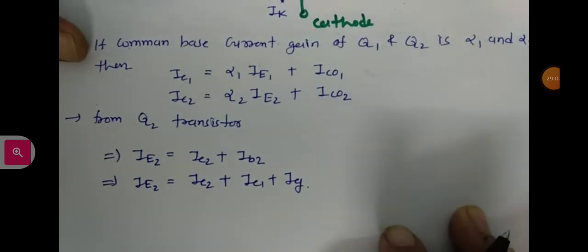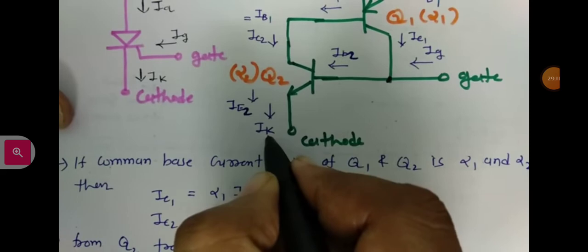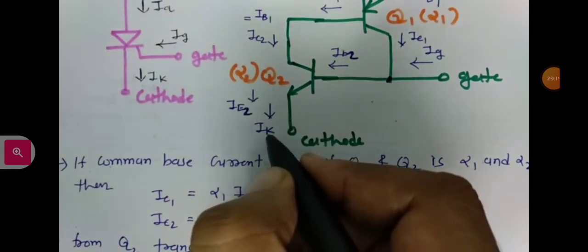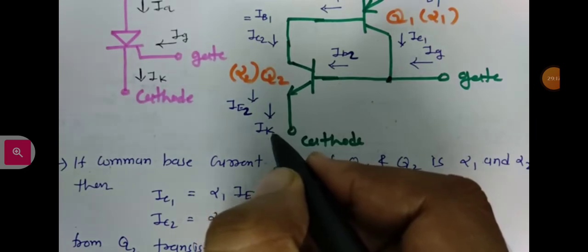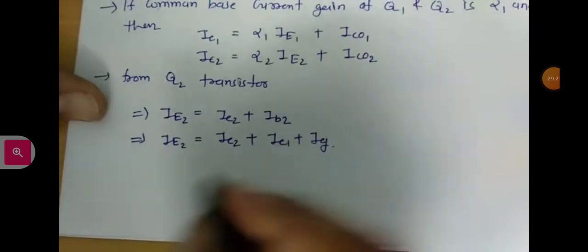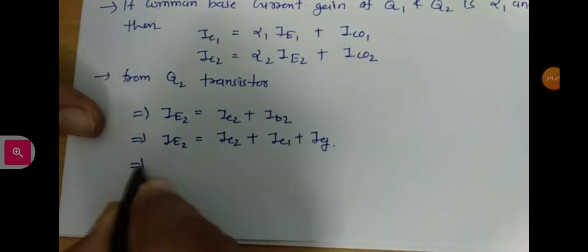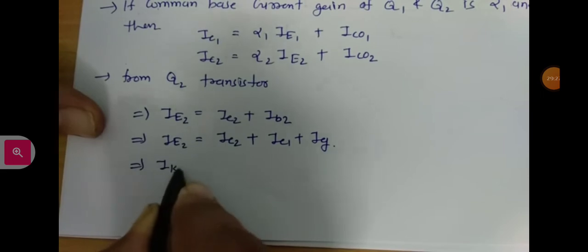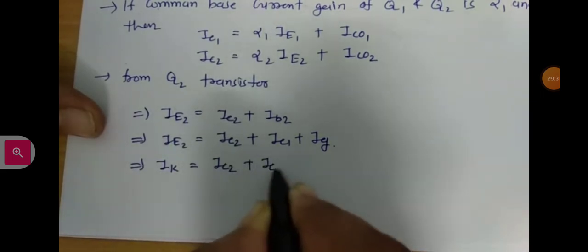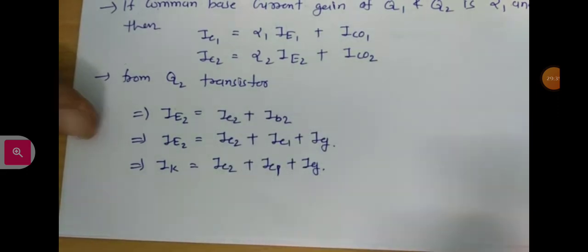One more thing we know: IE2 is IK. So IE2 equals IK, and that is IC2 plus IC1 plus IG.